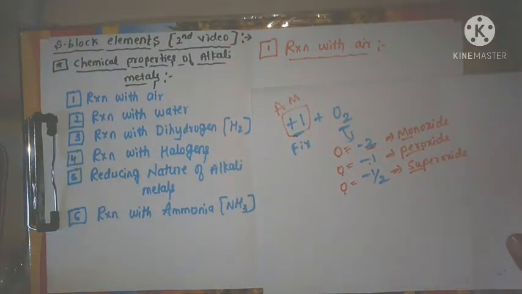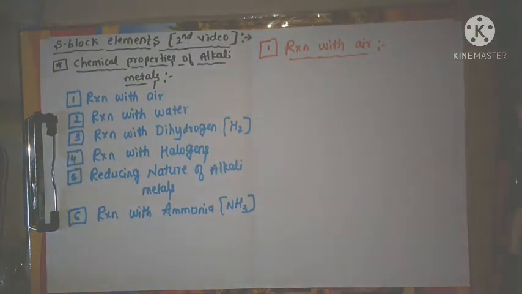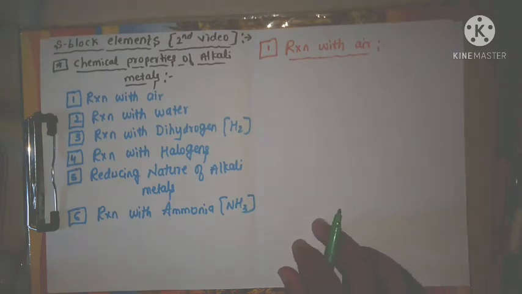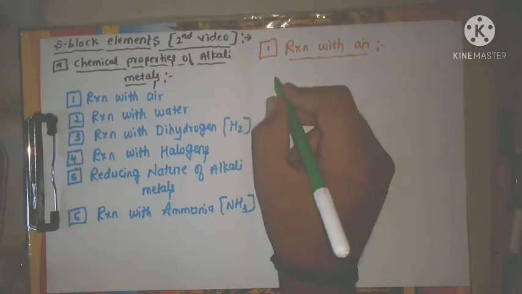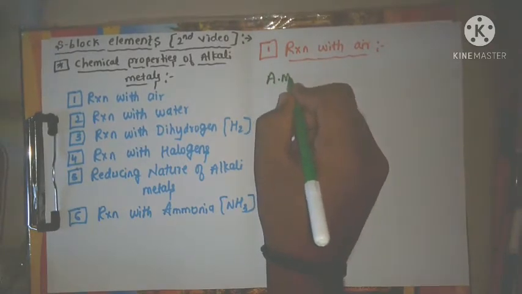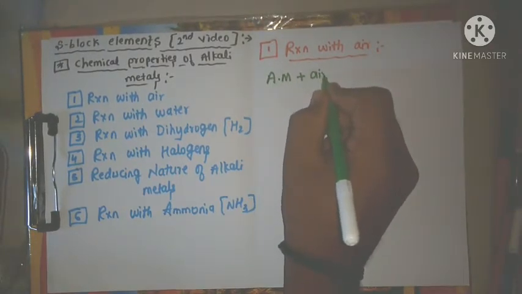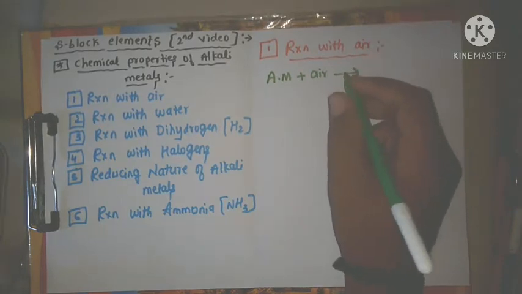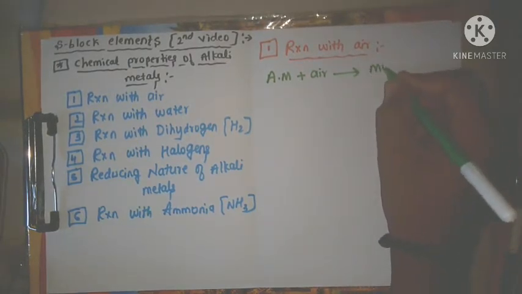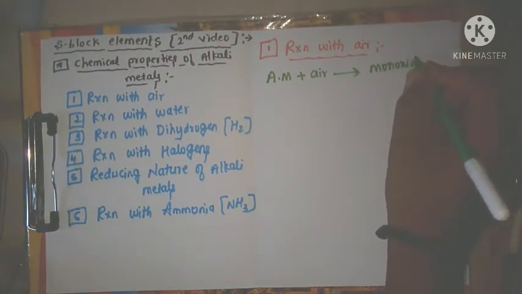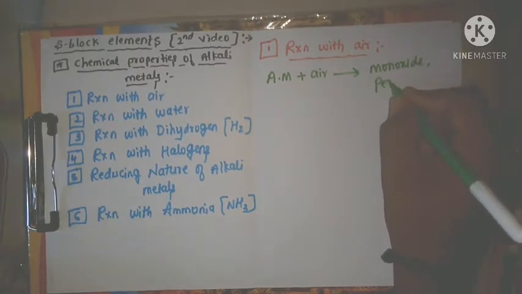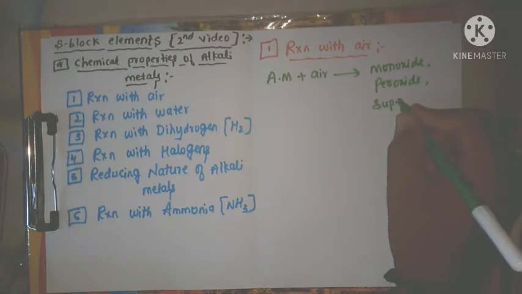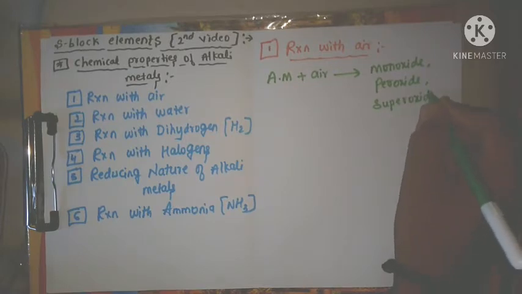Now we will see a few reactions we have to write. Alkali metals react with air to form monoxide, sometimes peroxide, sometimes superoxides. Three types of oxides are formed.